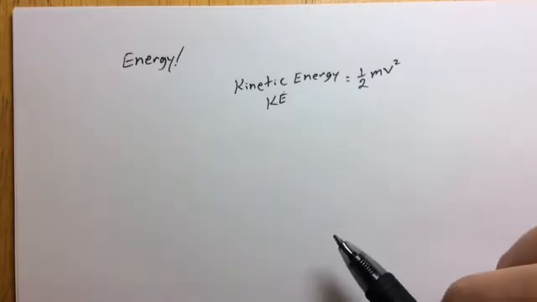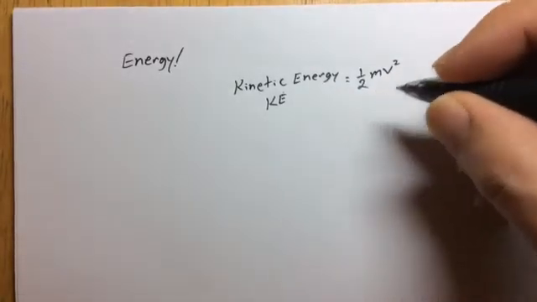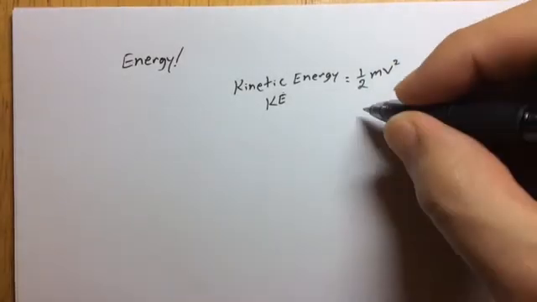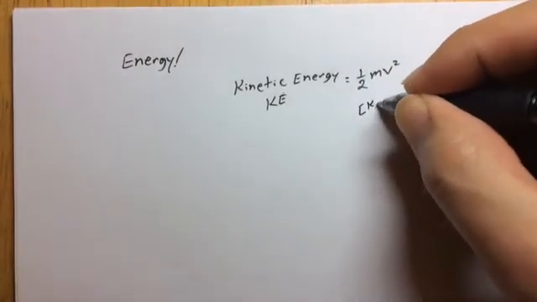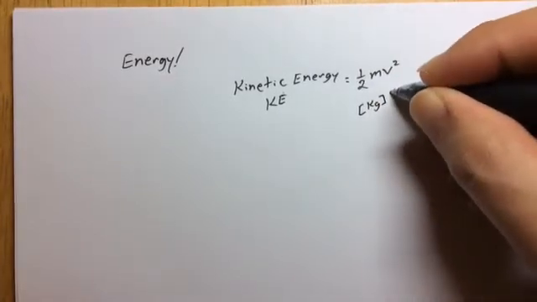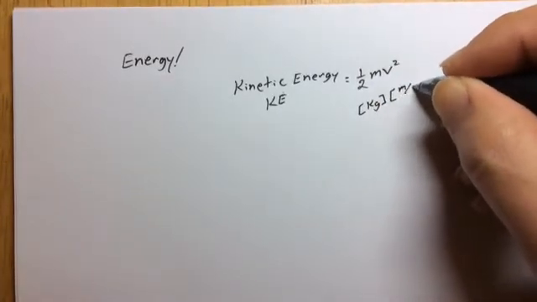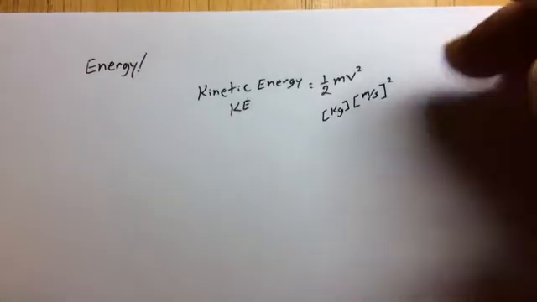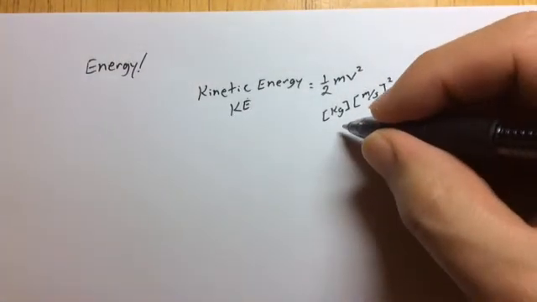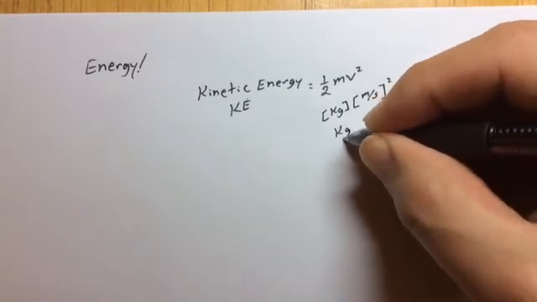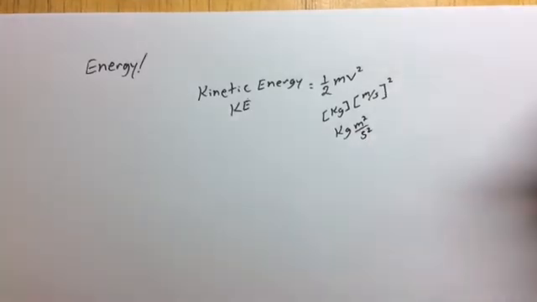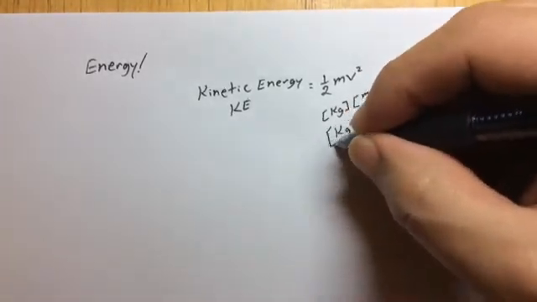We're going to use kilograms for mass and meters per second for velocity. So if we looked at the units for kinetic energy, we have 1/2, which is unitless, m is in units of kilograms, and v is in units of meters per second, and that's going to be squared. If we take that square on the meters per second, it comes down to kilogram meters squared over seconds squared as our unit for energy.